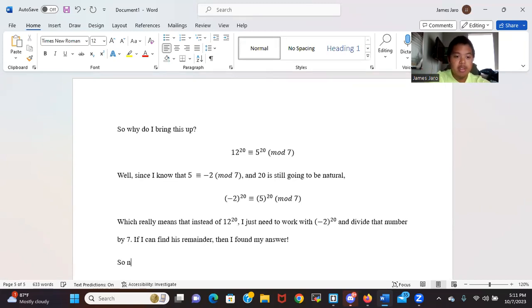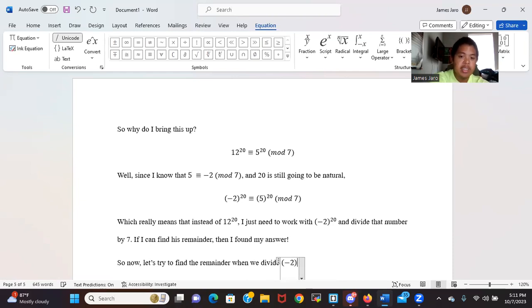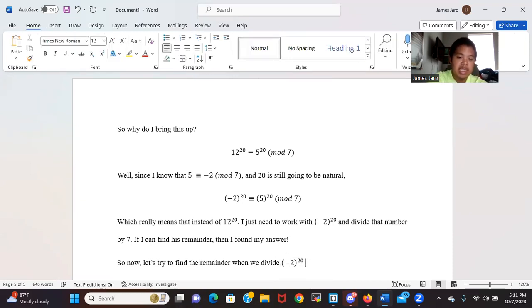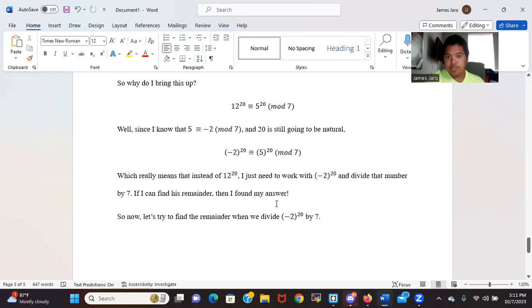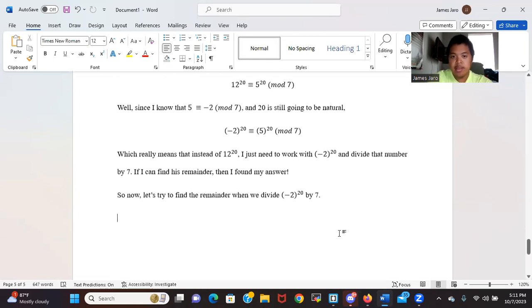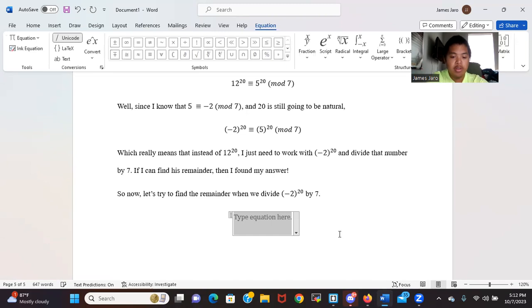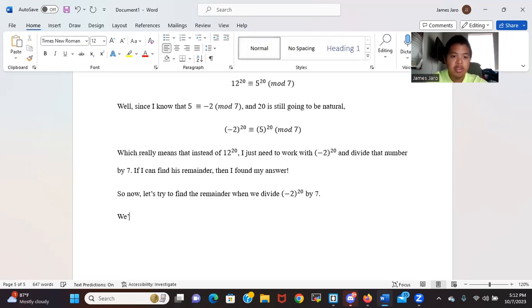So now let's try to find the remainder when we divide -2 raised to the 20th by 7. So let's see if we can find that. Okay, so what we're going to do here is as follows. We're going to use a concept known as fast modulo exponentiation.